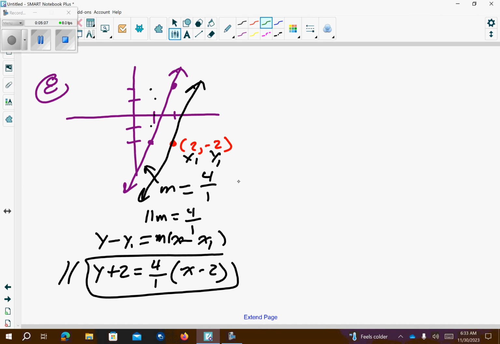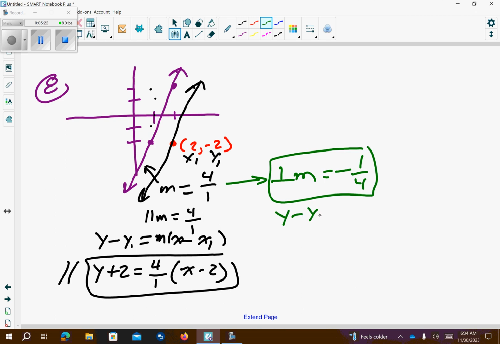My perpendicular slope, so if I want the perpendicular slope, this slope was positive, so I'm going to make it negative. Flip it over, 1 over 4. There's our perpendicular slope. Go ahead and plug back into this.